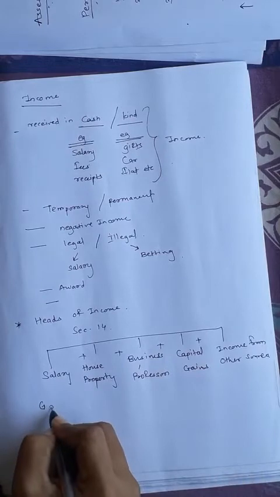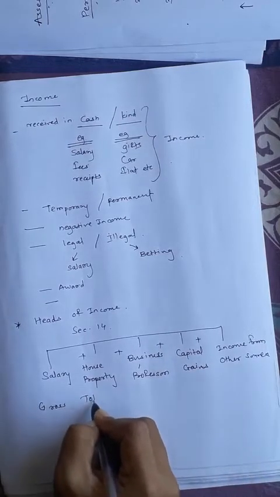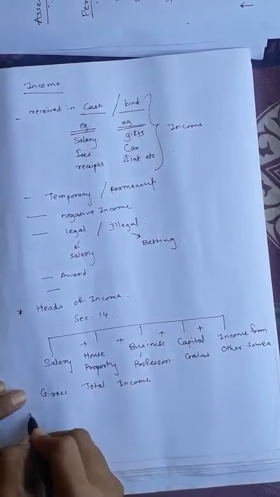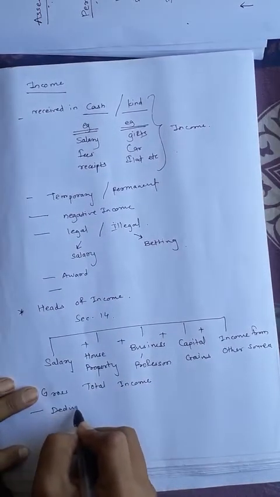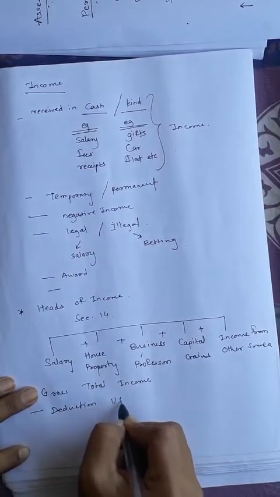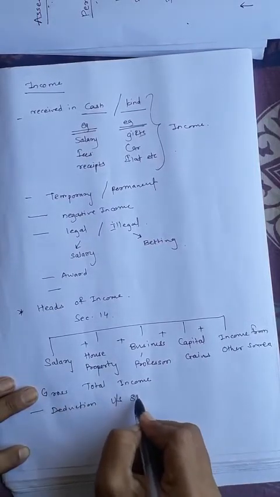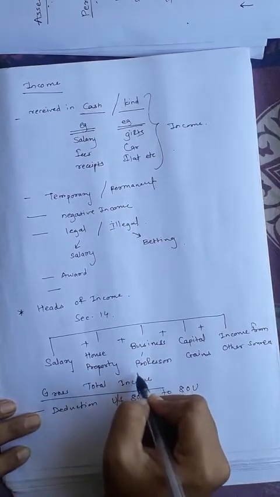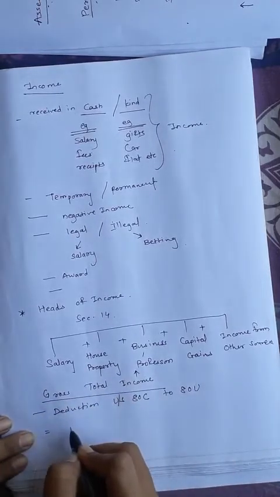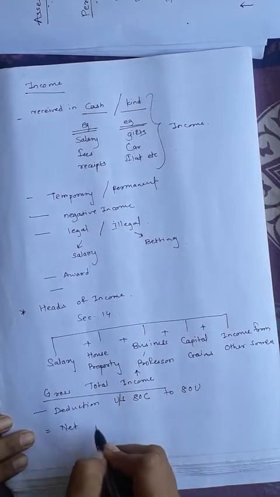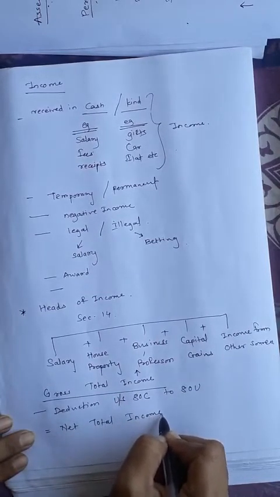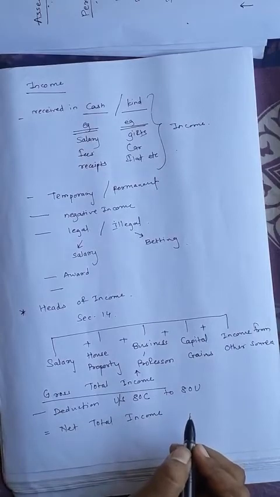That is also treated as gross total income. When we deduct the deductions under section 80C to 80U from this total income, then we can have the net total income, which is considered for taxation.